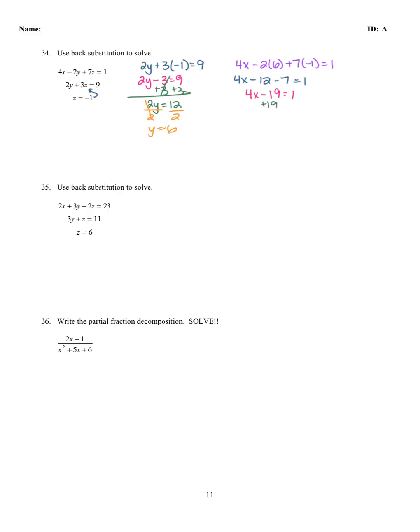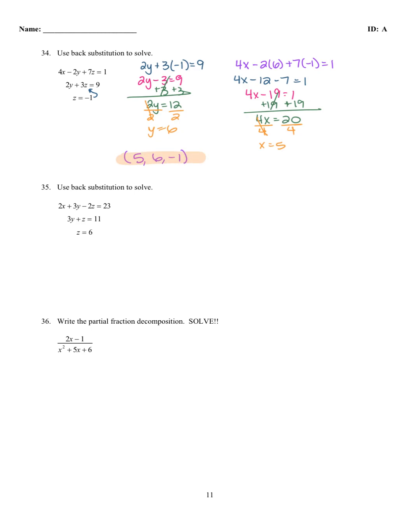Add your 19 over. That gives you 4x is equal to 20. Divide each side by the 4, and you have that x is 5. So that gives us the ordered triple as 5, 6, negative 1.